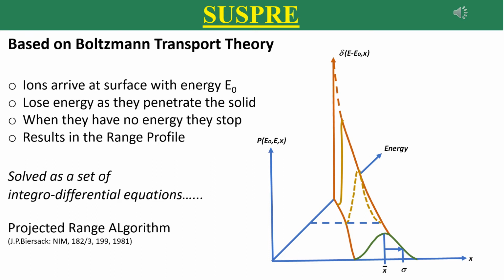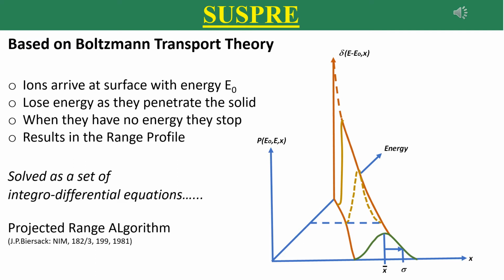Through the solid they get more spread in energy, and when they get to the point where they have zero energy, that's where they stop. So ultimately we end up with a range profile where all the particles that are spread through the solid have all ended up with zero energy, and from that we can calculate, very simply, the range profile. And the projected range algorithm actually produces a set of moments that describe that end point where all the particles have zero energy.